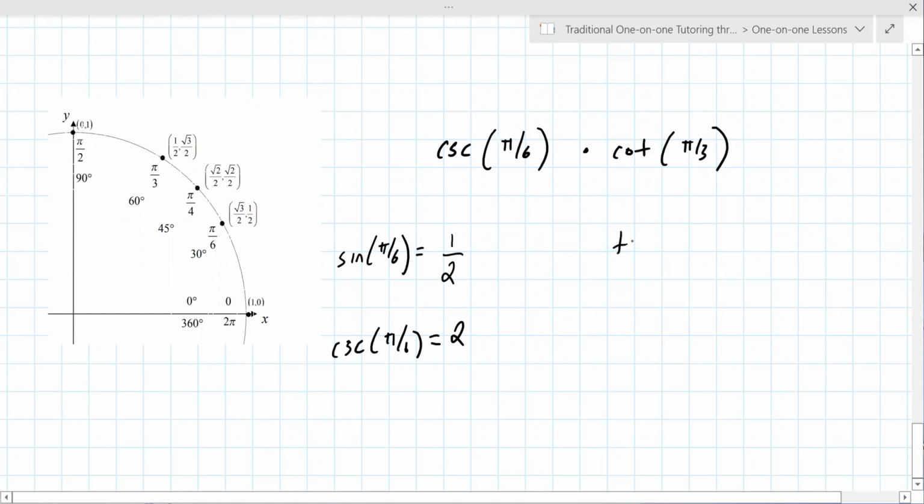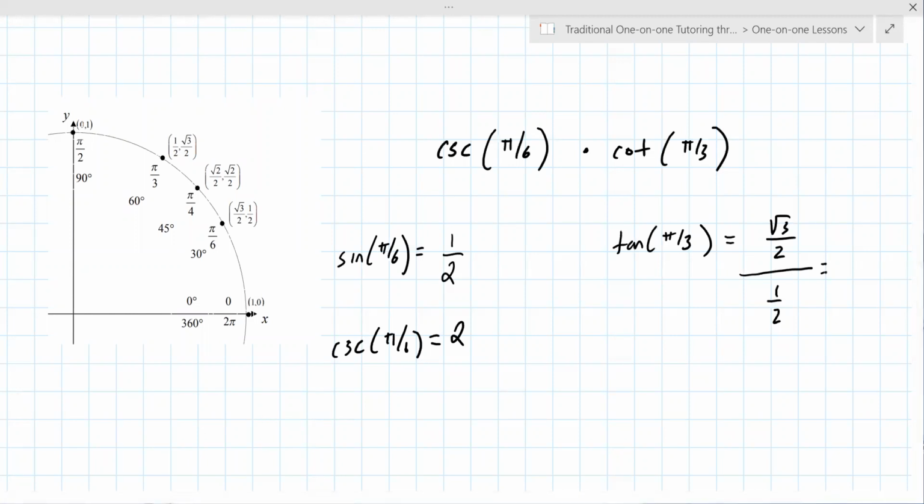So you start by, well, what is the tangent of pi over 3? So that's up here. So tangent is y over x. It's root 3 over 2 over 1/2. Which becomes just root 3 over 1.